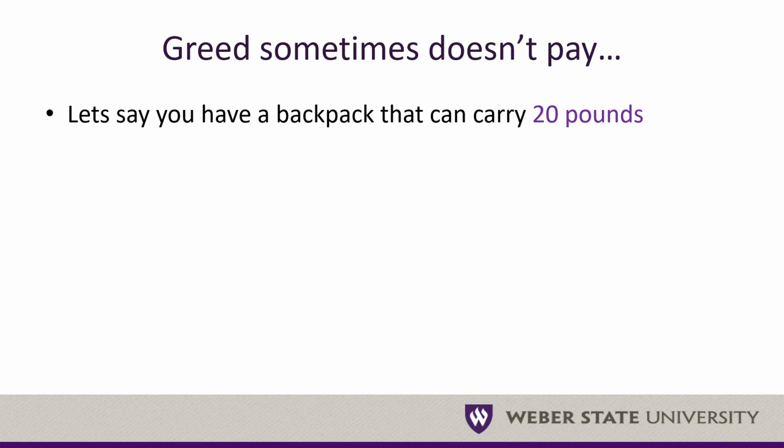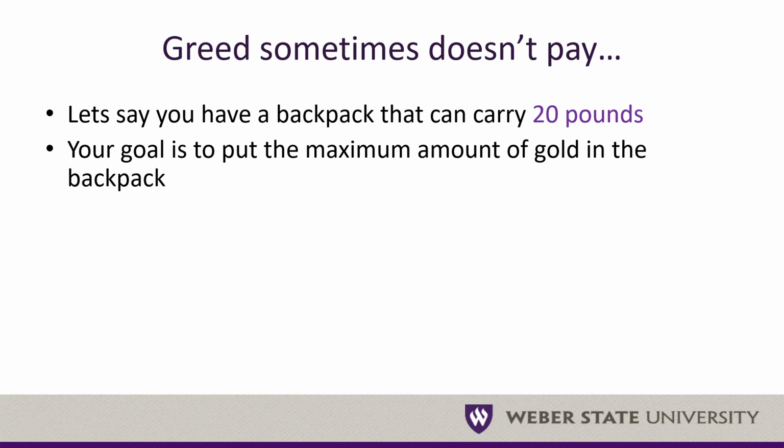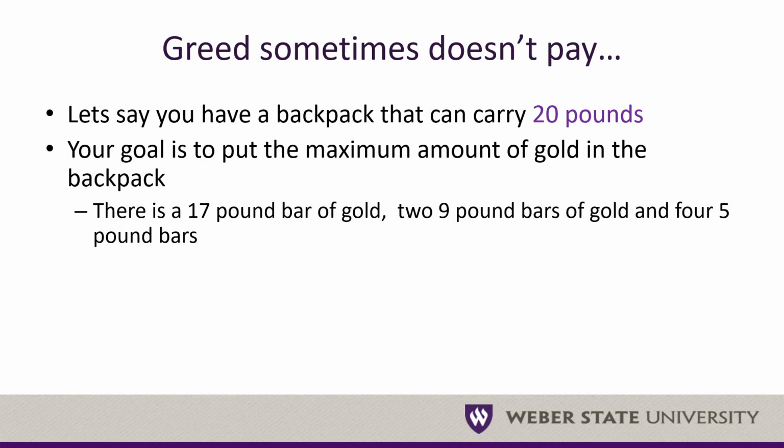So there are times where weight is more important than the size of something. Our goal is to put the maximum amount of gold in the backpack. Let's say that there's a 17-pound bar, 2 9-pound bars, and 4 5-pound bars, all of gold. At that point, the greedy algorithm would tell us, take the biggest one and put it in the backpack.